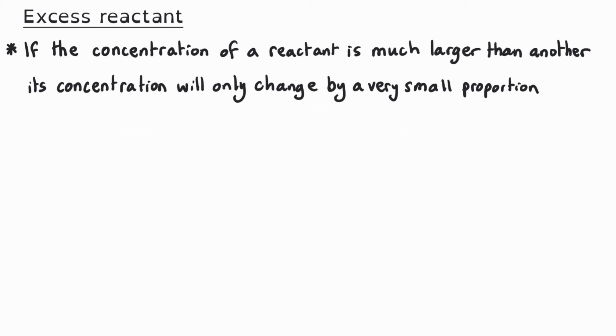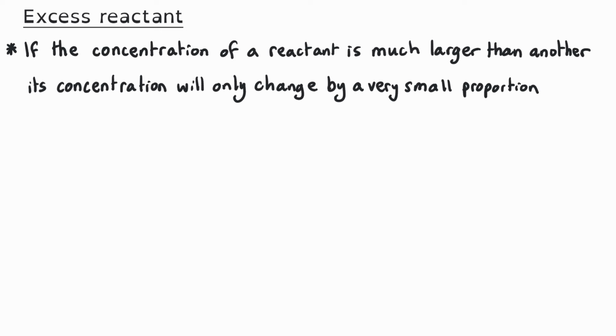During chemical reactions, it is very common to have one chemical as our limiting reagent and the other chemical is present in excess. If the concentration of a reactant is significantly larger than the concentration of another reactant, its concentration is only going to change by a very small proportion.